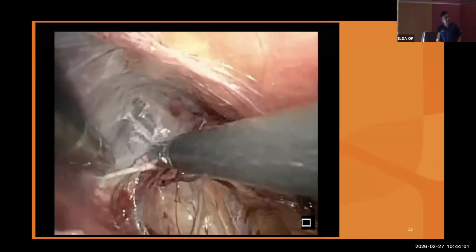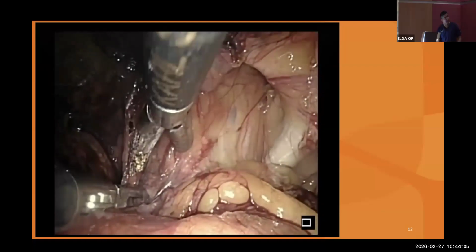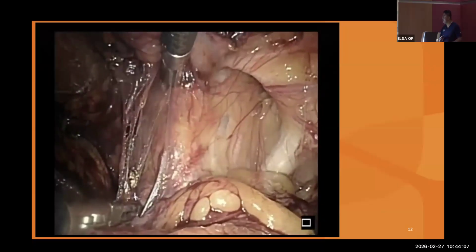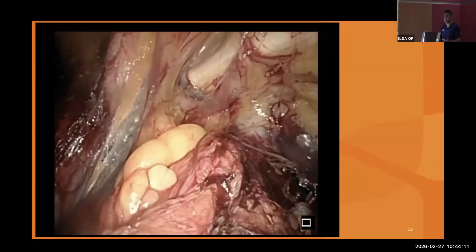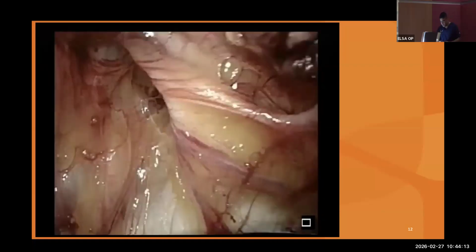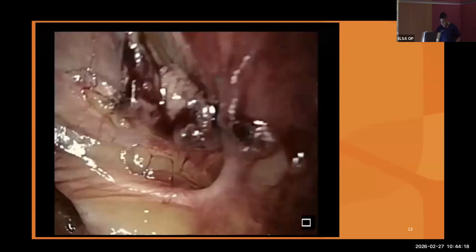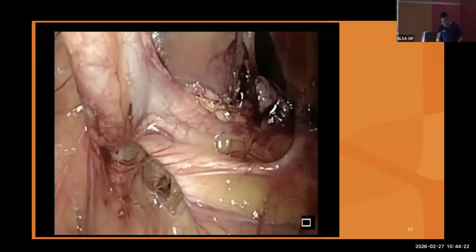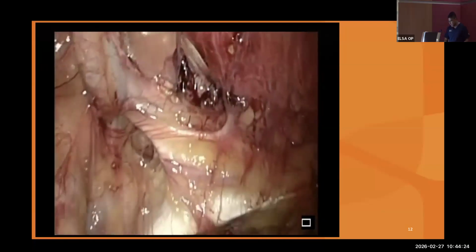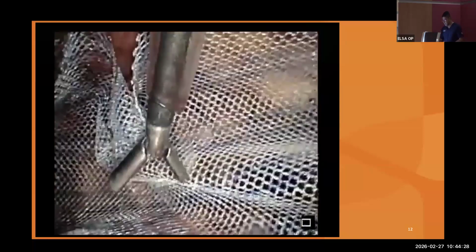And then the usual dissection should include dissection of all the myopectineal orifices, including obturator, because most of us may not even dissect that low. So you can see quite clearly femoral, and then this is a direct hernia, which is medial. And then on the other side, you saw obturator as well.